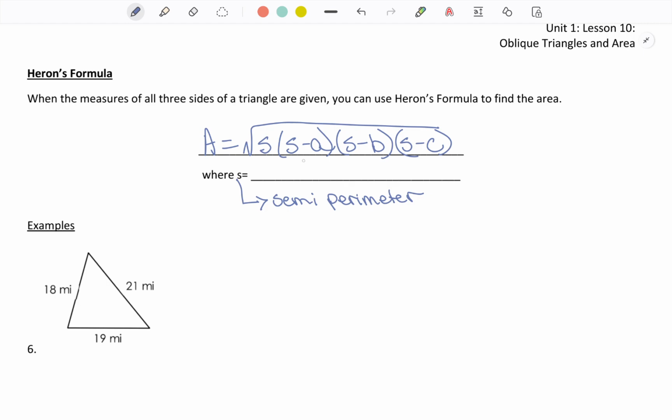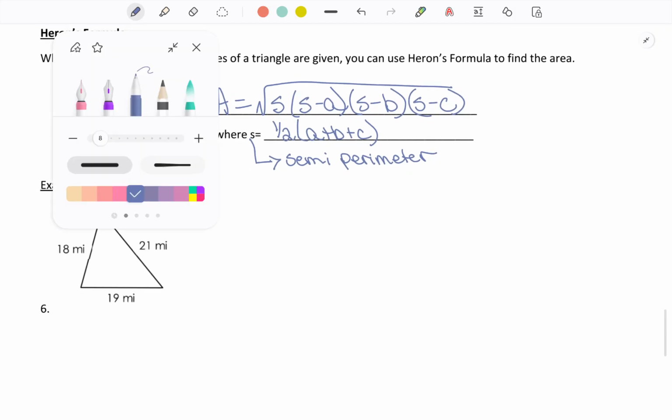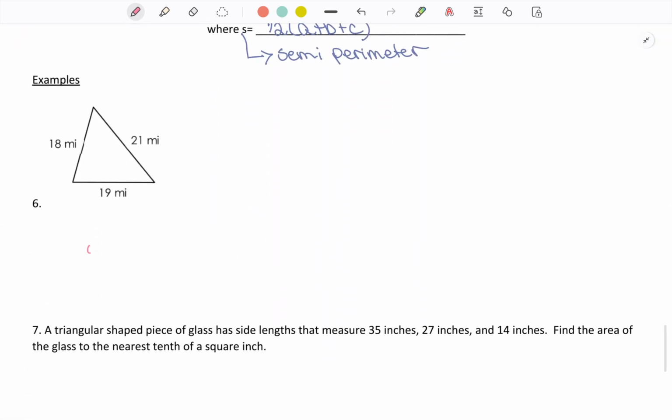And so your semi-perimeter is where you take half of your perimeter. So you're going to add together sides A, B, and C, and then multiply it by 1/2 or divide by 2. And so your S becomes what you plug in to these 4 places, and then in those parentheses you are actually subtracting the length of your sides.